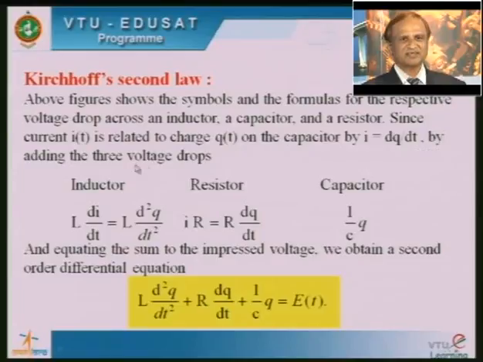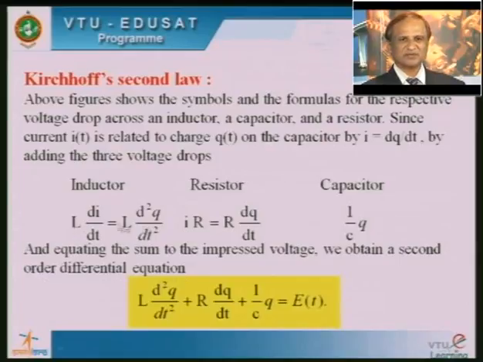By adding 3 voltage drops, namely inductor, resistor, capacitor, how we are going to denote mathematically? L into di by dt is equal to capital L into d square q upon dt square. Similarly, IR is equal to R into dq by dt, and capacitor is denoted by 1 by C into Q, right. And equating the sum of the impressed voltage, we obtain a second order differential equation.